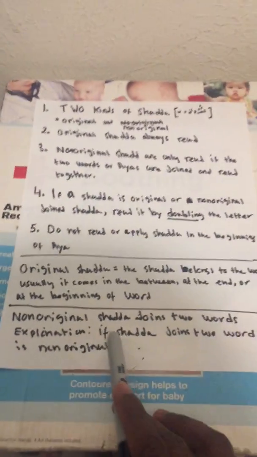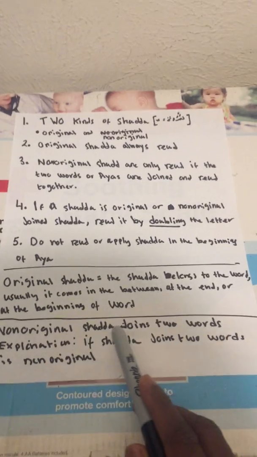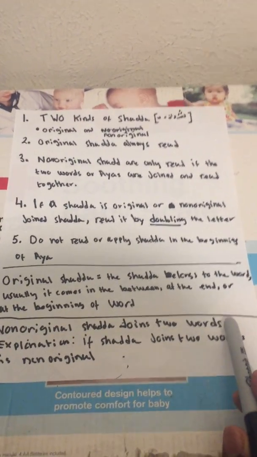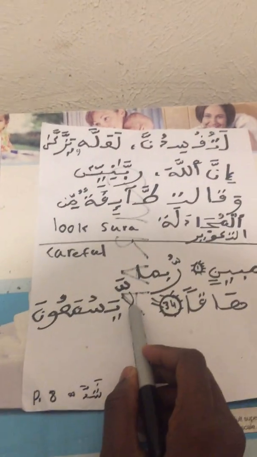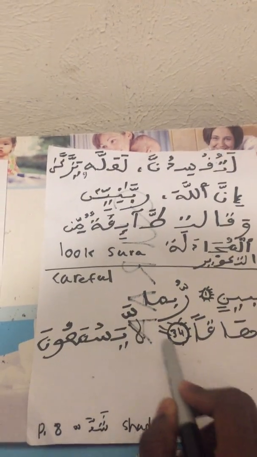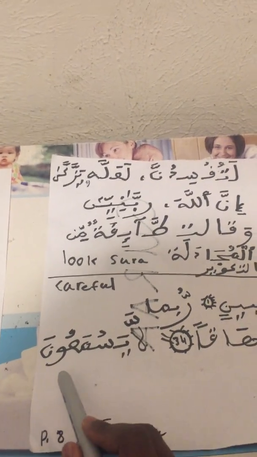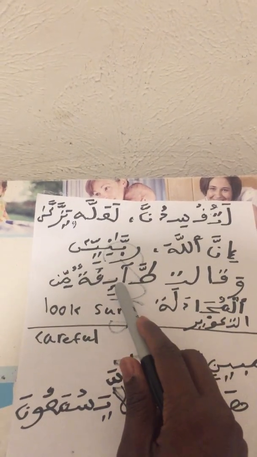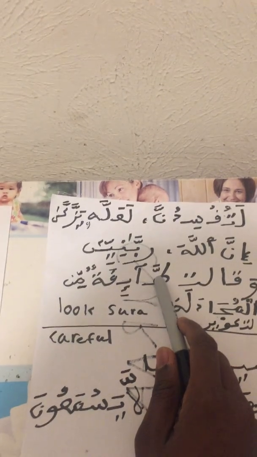So right here is an explanation of non-original shadda. Non-original shadda joins two words, like this one, because the shadda joined the dihaqa and the la. Dihaqa la isman. Or words like waqalat ta'ifatum min. The shadda on the ta is non-original.